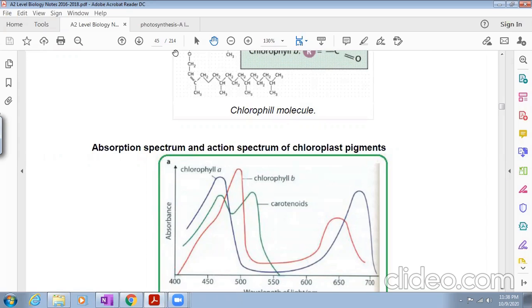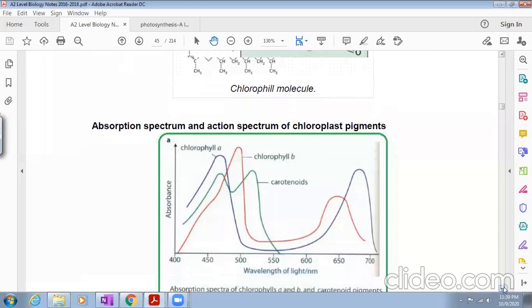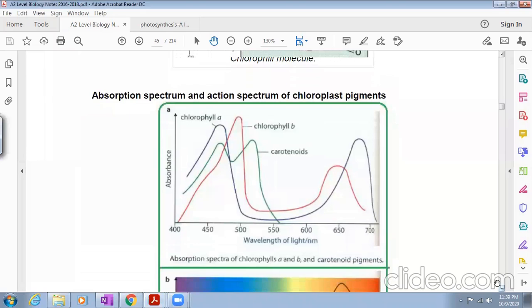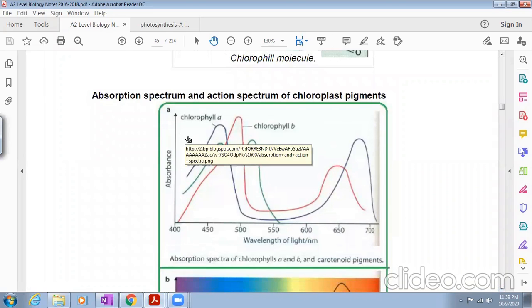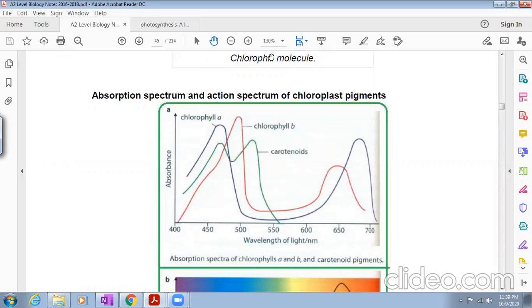The absorption spectrum is that spectrum that shows us, for the different pigments, which wavelength of light is absorbed by which pigment, right? While the action spectrum is that spectrum showing at which wavelength the rate of photosynthesis is high.